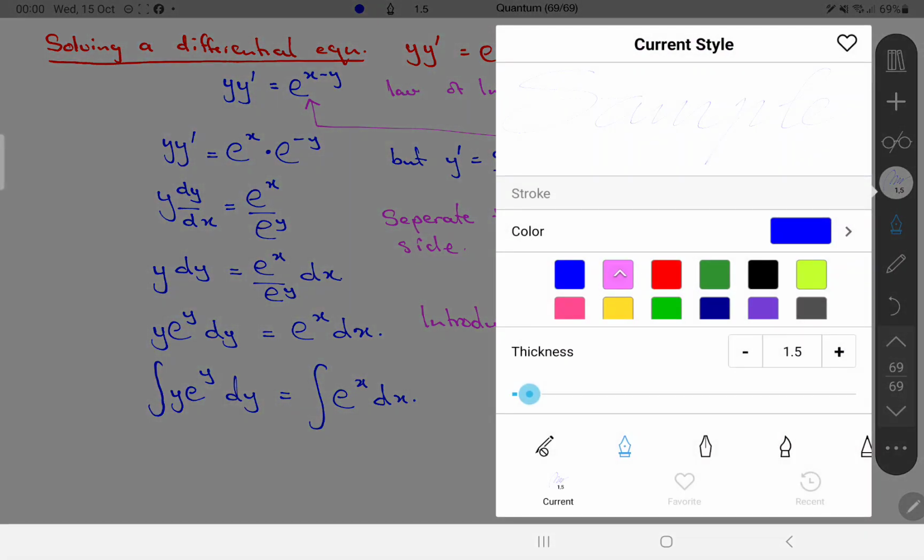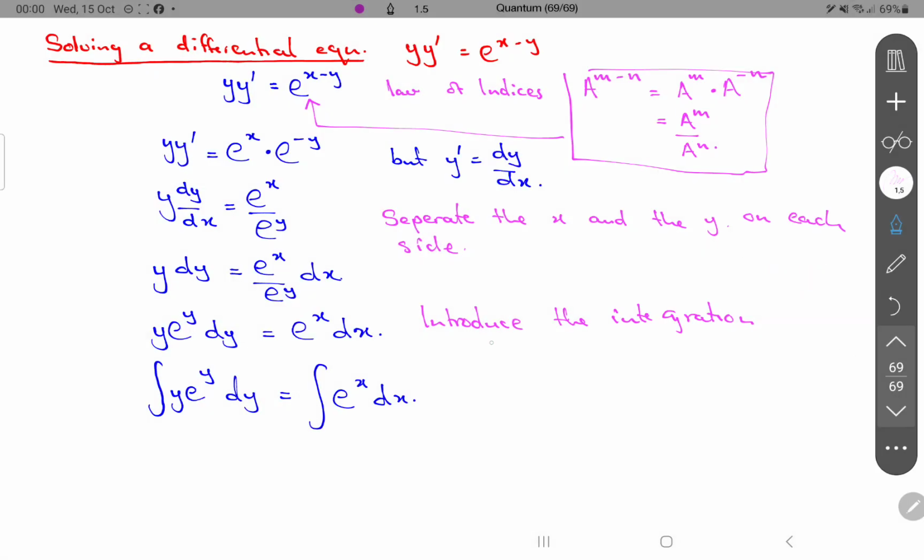Now, according to the law of integration, or there are some identities in integration, which says if you integrate e to the power x dx, you get e to the power x plus a constant k.